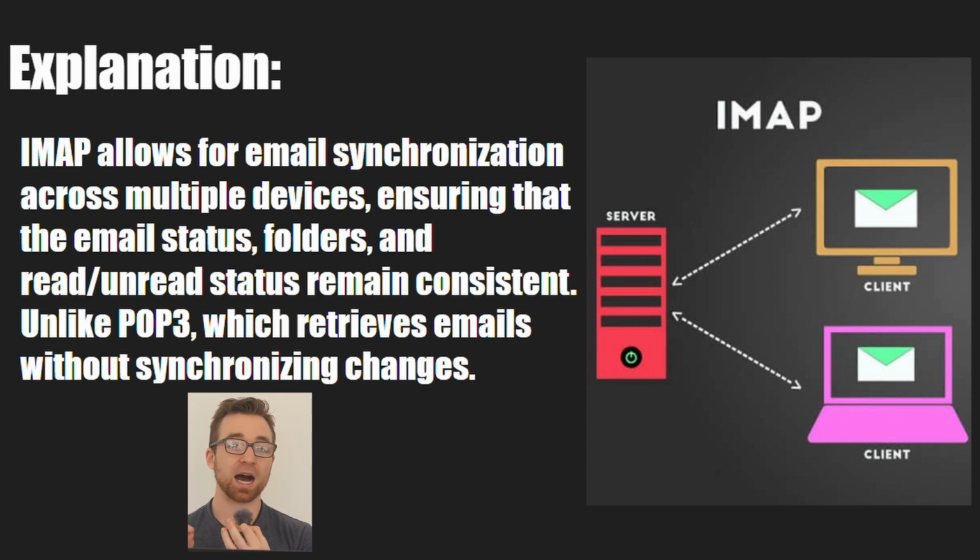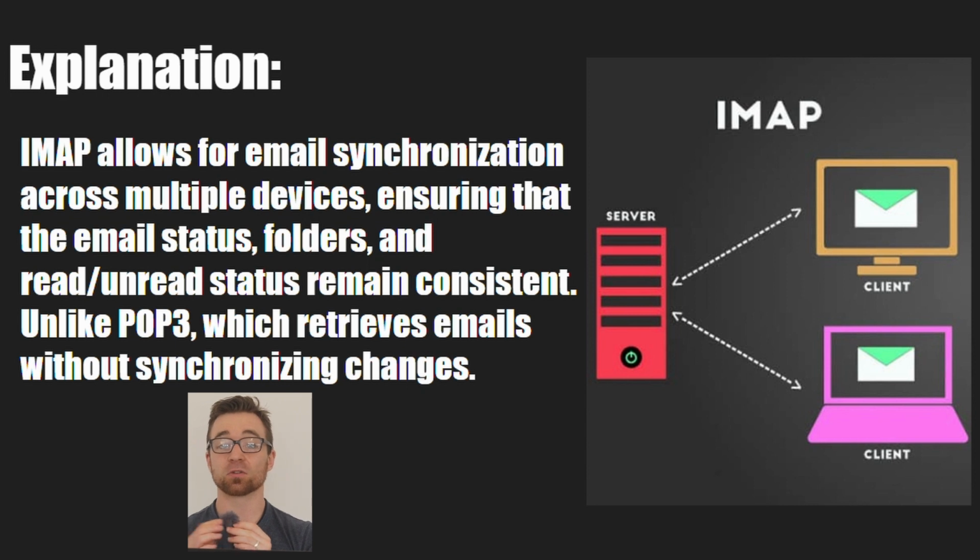The reason we wanted IMAP in this specific scenario is because IMAP synchronizes across devices, right? So whether you access your email on your laptop, on your phone, on your smartwatch, on your iPod Nano, I don't care what it is, if you want it to be the same across all of your devices, you're going to want to use IMAP. And for the exam, specifically, that's going to be one of the key differences you need to understand about that.